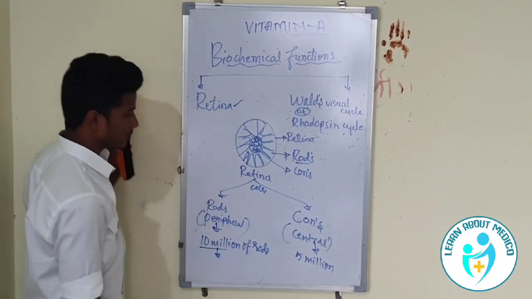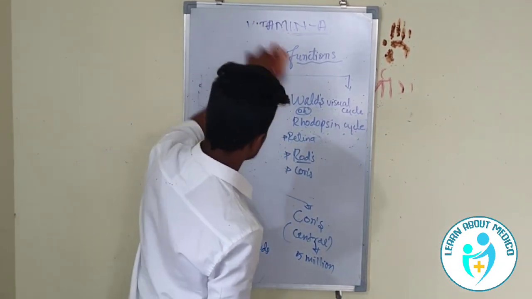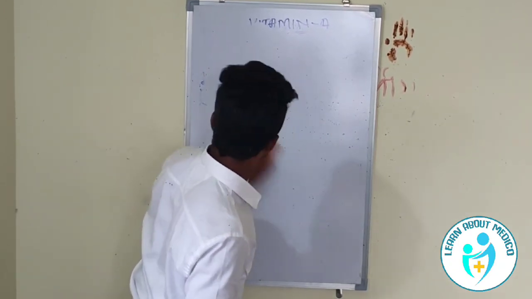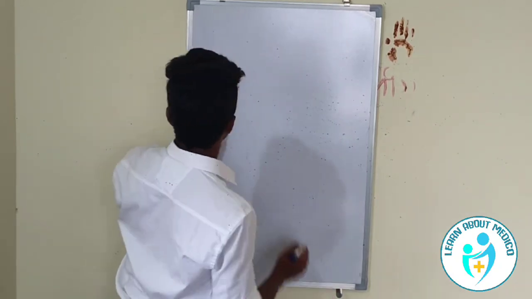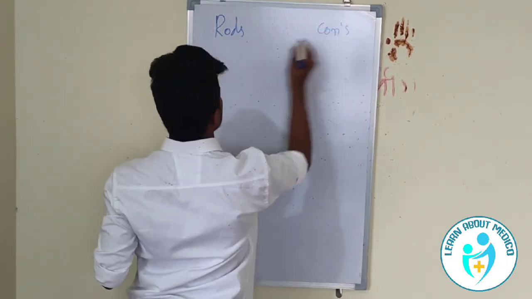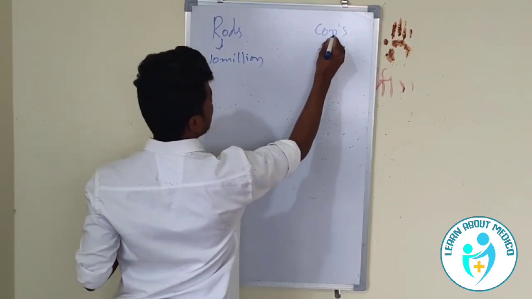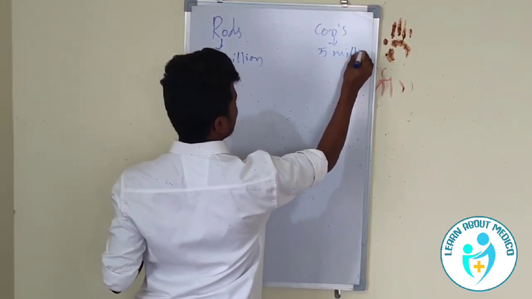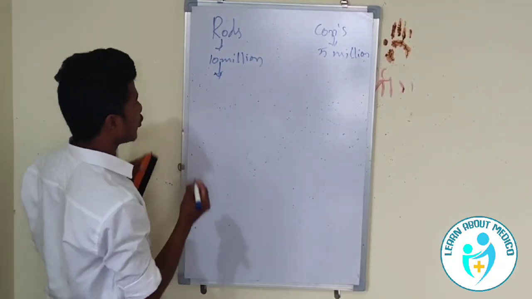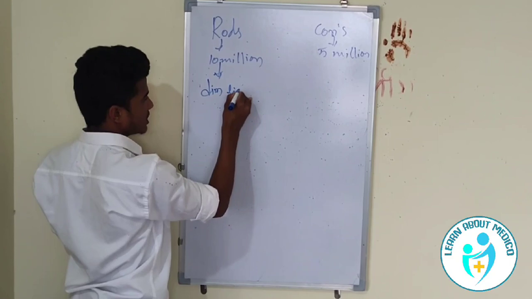Rods are 10 million and cones are 5 million in human beings.